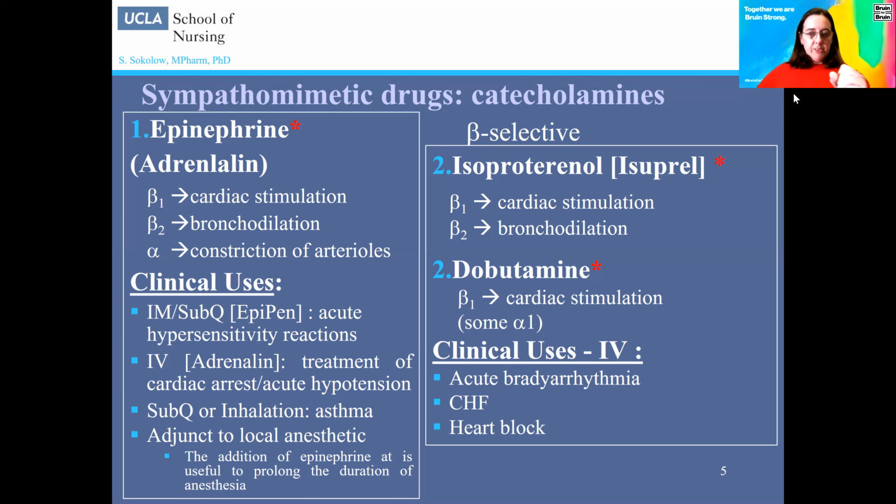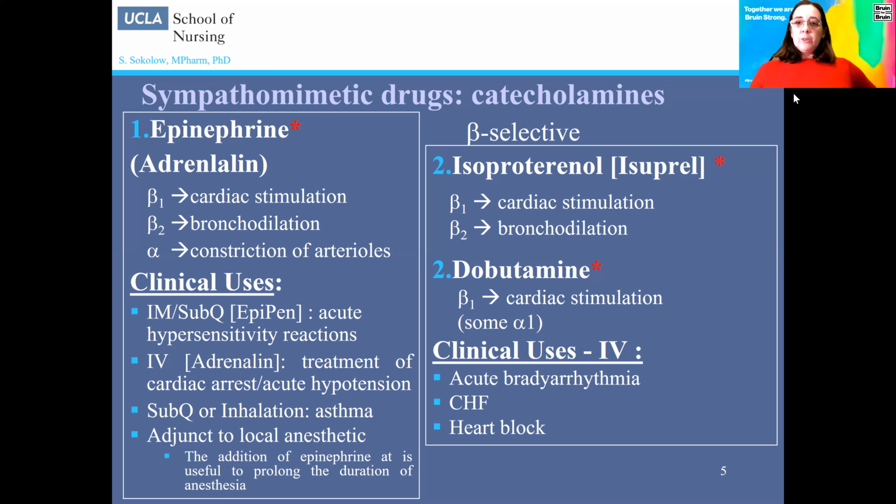If you use a local anesthetic, you want the effect to be localized, and by using that potent vasoconstriction, it will prolong the action of your local anesthetic where you want it, because it's not going to diffuse. That's why it is used as an adjuvant to a local anesthetic. So that's epinephrine, which acts on all types of receptors because it's the endogenous ligand.